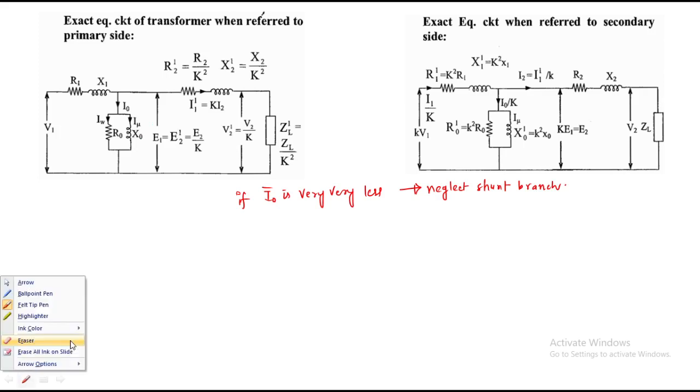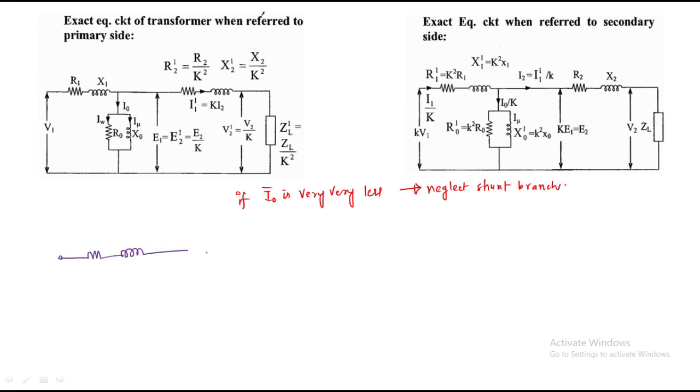Therefore, the circuit has R1 and X1, then R2 dash and X2 dash, and the secondary is short circuited.